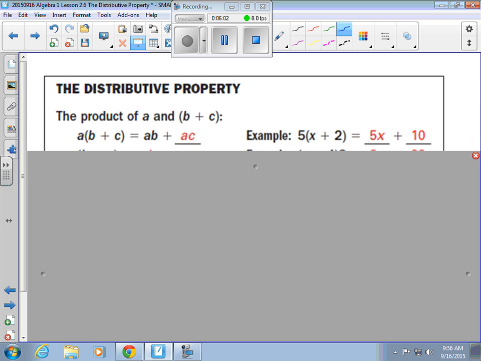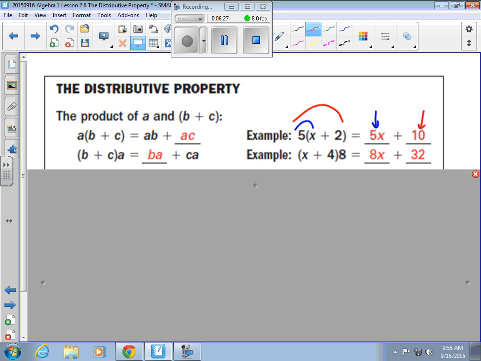Here is the distributive property, the product of A and B plus C. So this is how it's typically written. The thing that's multiplying first, times B plus C. So A times B plus C is AB plus AC, or 5 times x plus 2. 5 times x is 5x, and 5 times 2 is 10.